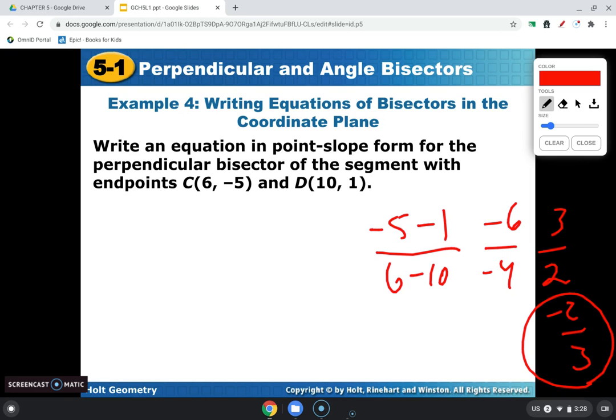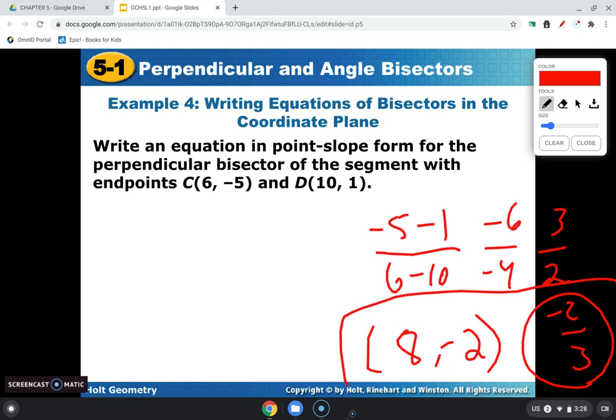All right? Then I got to find my midpoint. Okay? Well, 6 plus 10 is 16, divided by 2 is 8. And -5 plus 1 is -4, divided by 2 is -2. These are the things you're going to put into point-slope form to get your equation. All right? So this is on both assessments here, writing these.